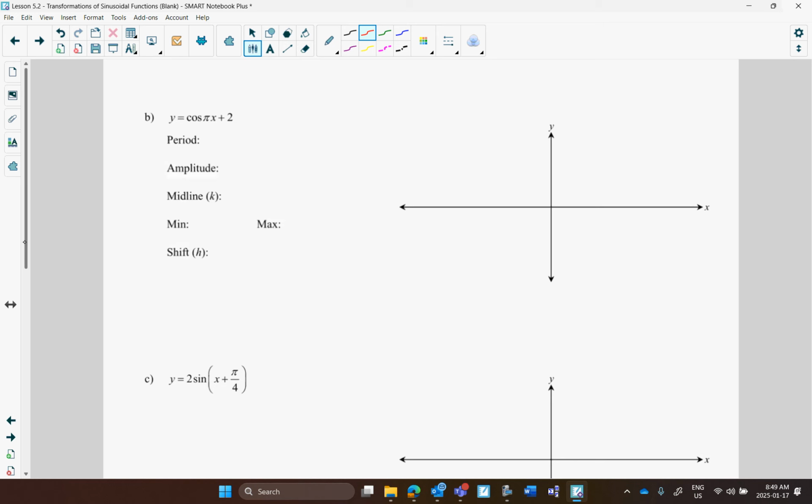We've got a cosine graph. We've got a value for b, which is pi. We've got a value for k. A, well, what number goes in front of cos? It's 1, so the amplitude is going to be 1. And there's no shift, so there's no h. Sorry, I should have said that on the previous page. Under shift, I should have put no shift.